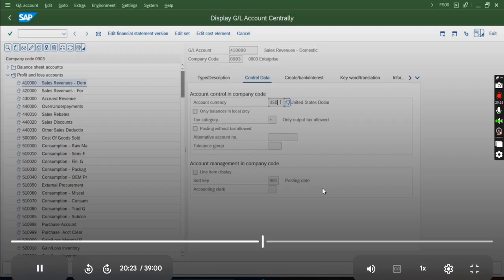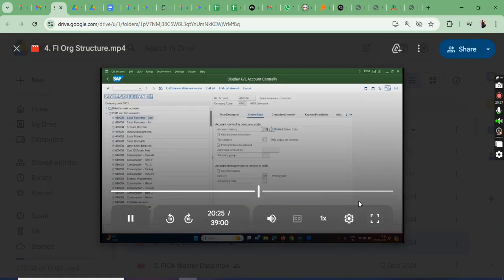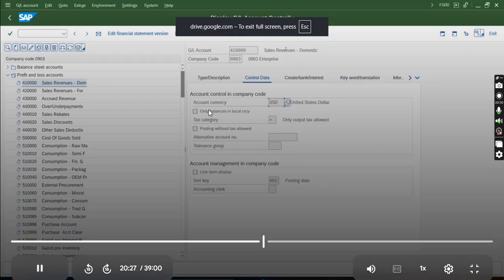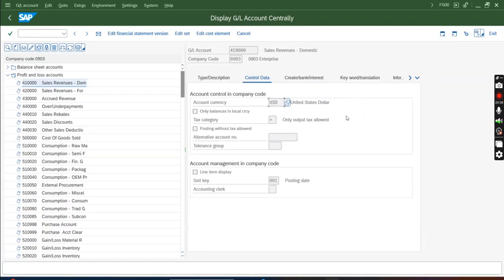Now that is called a document currency. Document currency means the currency at which the transactions are recorded. So in a US company, say 80% or 90% of the transactions will be recorded in company code currency or local currency. But the rest 10% or 15% may be recorded in a different currency, and whatever currency it is recorded in is called document currency.